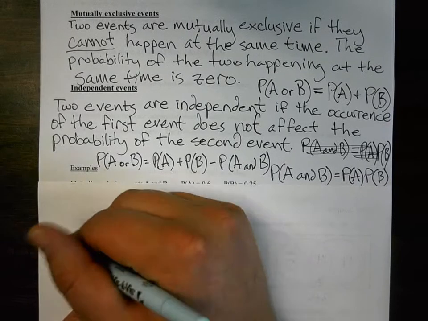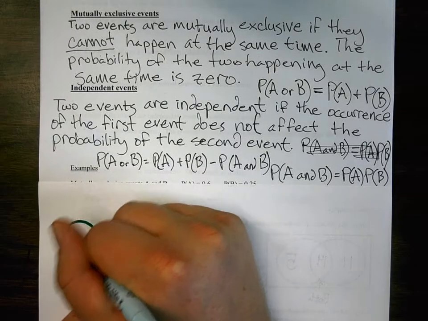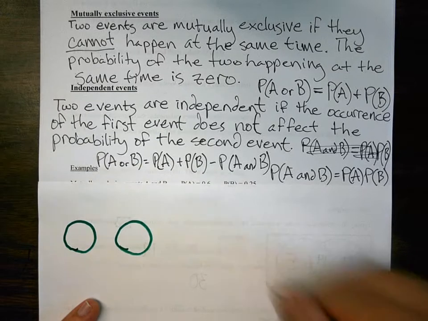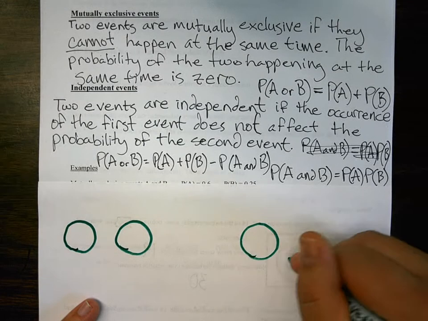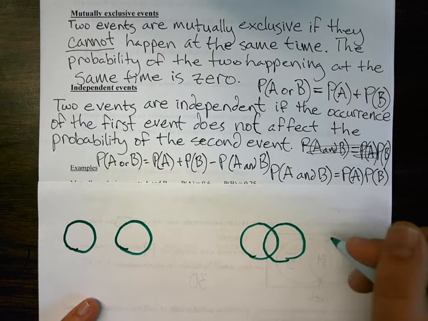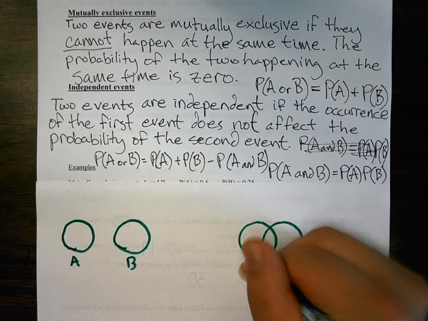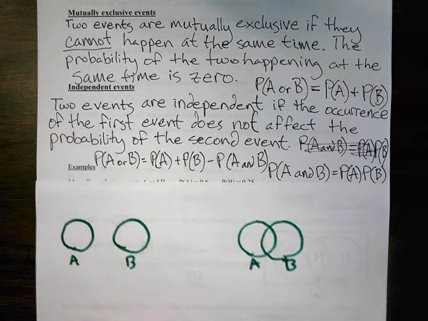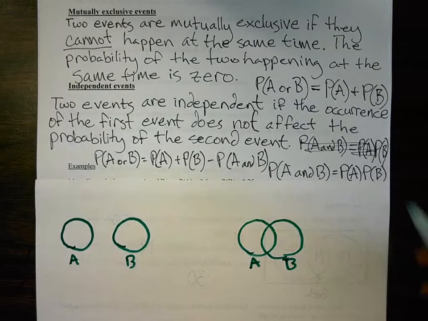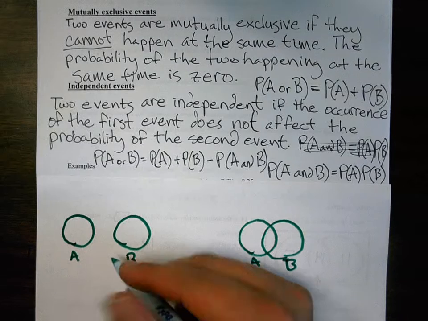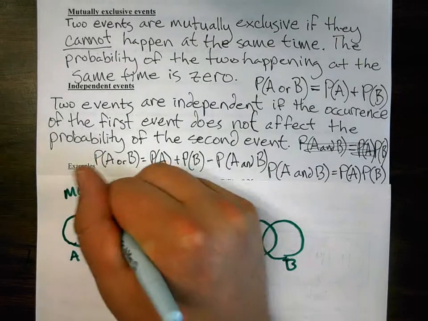If you think of mutually exclusive events, they cannot happen at the same time. So let's think of this in terms of Venn diagrams. We can have something that looks like that, and something that looks like this. Let's say this is A, and this is B, and that's A, and that's B. For mutually exclusive events, they can't happen at the same time, so there's no overlap.